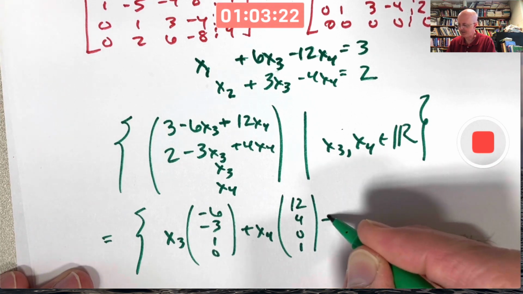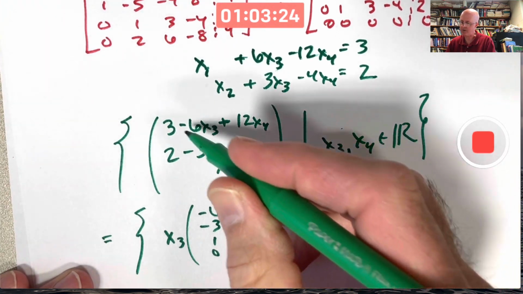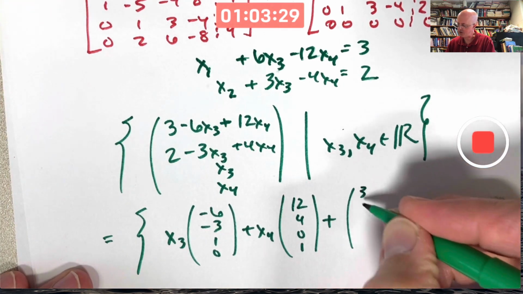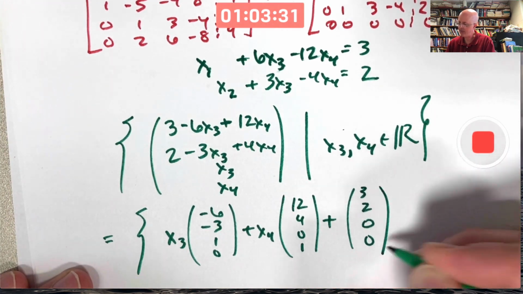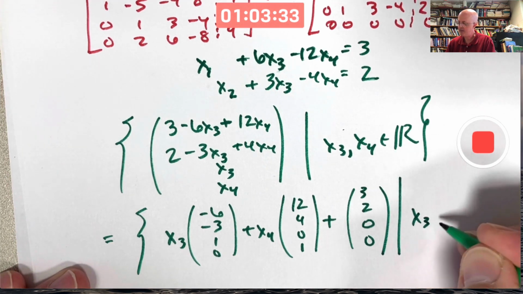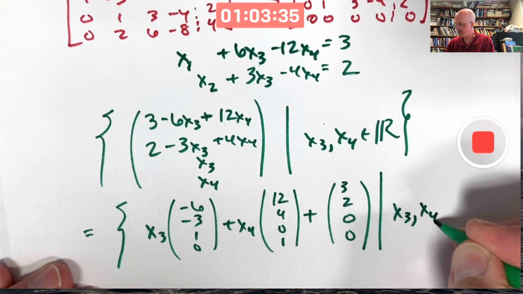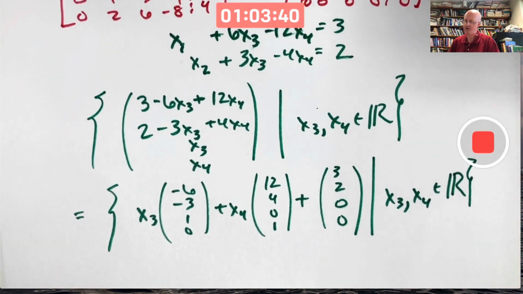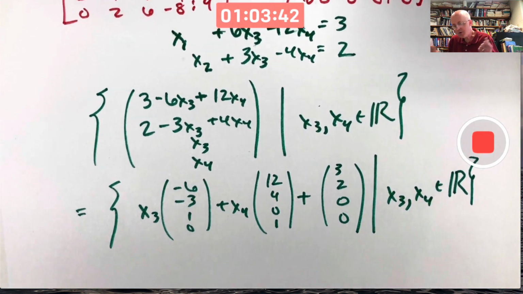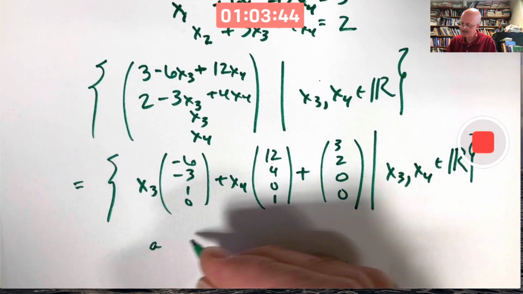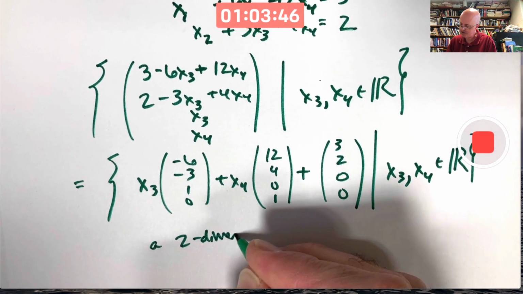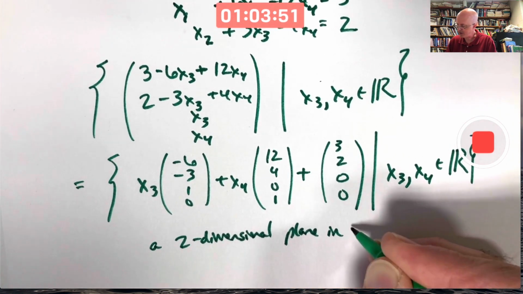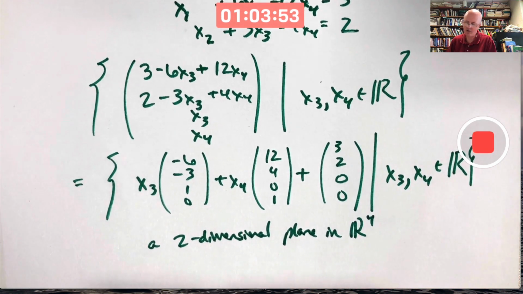And there is a constant vector in this case where you've got no x3 or x4 by them, a 3 and a 2 and a 0 and a 0. Because of that non-zero constant vector in there, this is not going to go through the origin in 4-dimensional space. It is a 2-dimensional plane in 4-dimensional space, not through the origin.